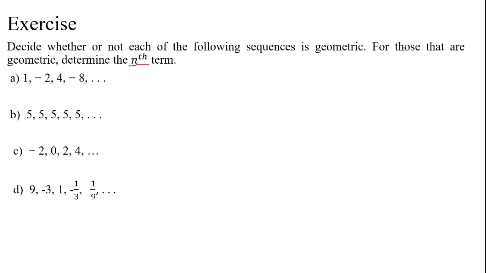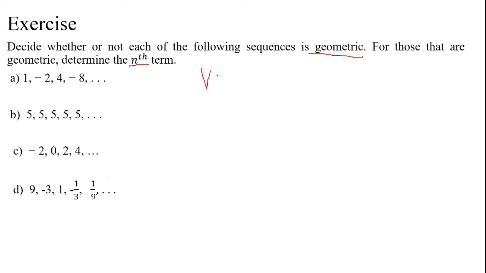So as I said, a sequence is geometric if and only if a common ratio R is constant. Okay, so R can be calculated as what?